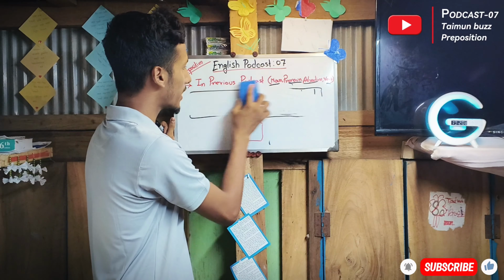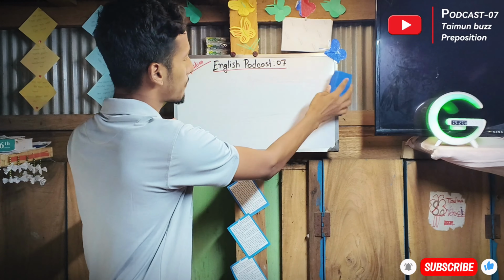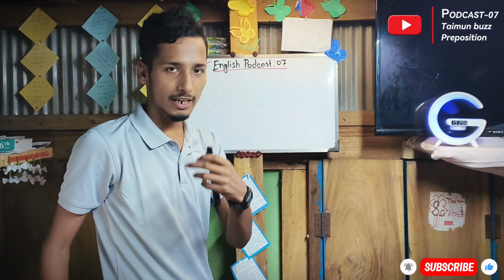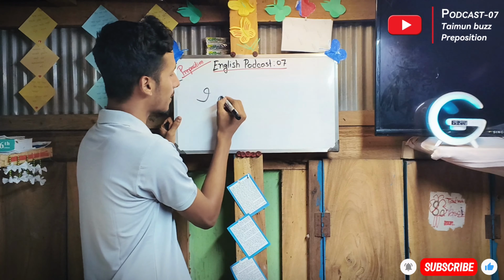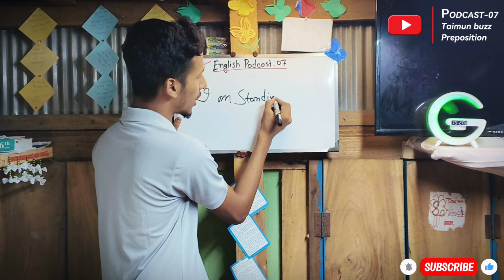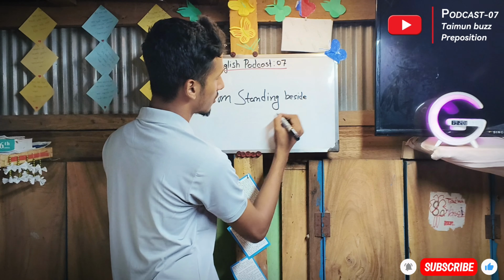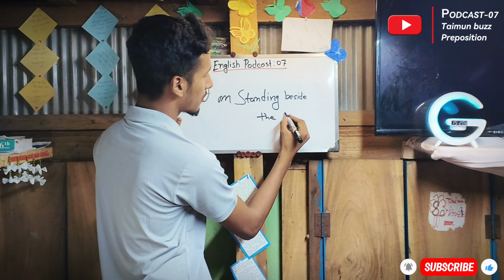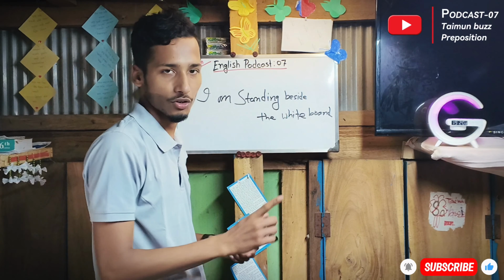Now I will give you some more examples to clarify the preposition chapter. Suppose I am standing beside the whiteboard. As you can see, this is the whiteboard, isn't it?